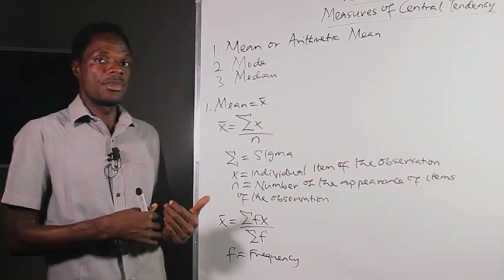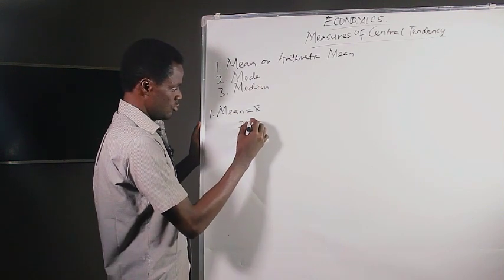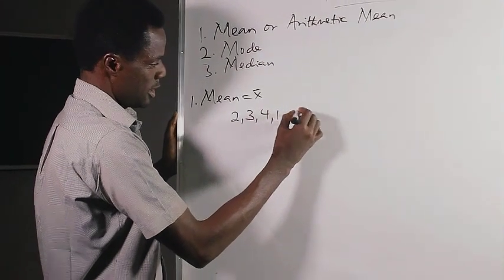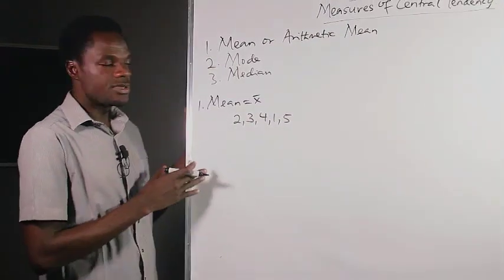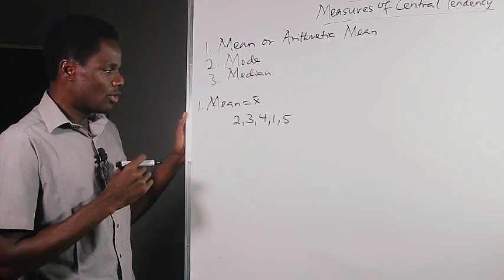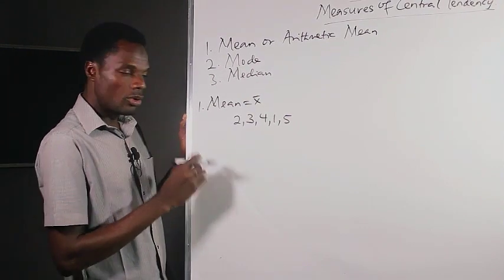to find the mean. Now, suppose we are given data 2, 3, 4, 1, and 5. This is the observation we are given, and we are asked to find the mean. The first thing we are going to do is to look at the data. Which one is the highest and which one is the lowest?